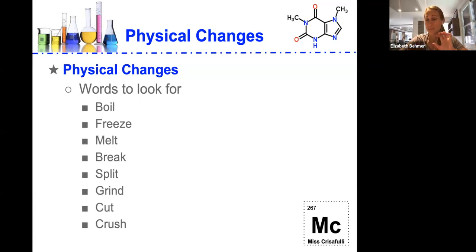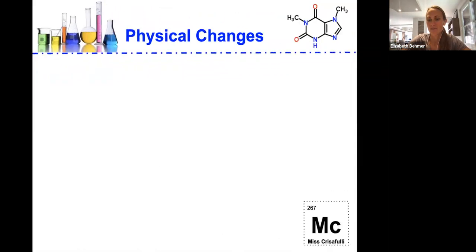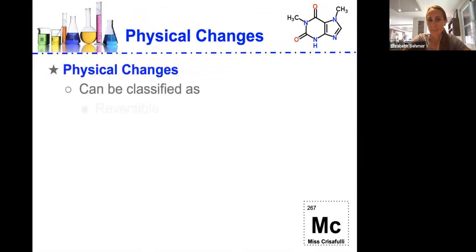If something is boiling, for example, and there's a new substance being formed, that would be a chemical change. But in general, if you're just boiling a substance, nothing's formed, freezing it, melting it, breaking, splitting, grinding, changing the shape of it, but no new substances are being formed, those would still be examples of physical changes.